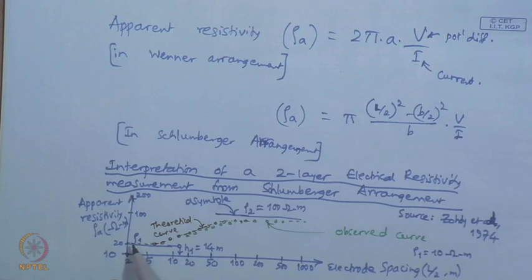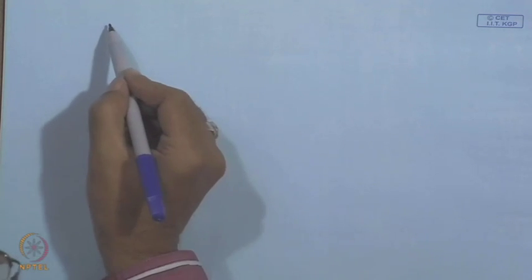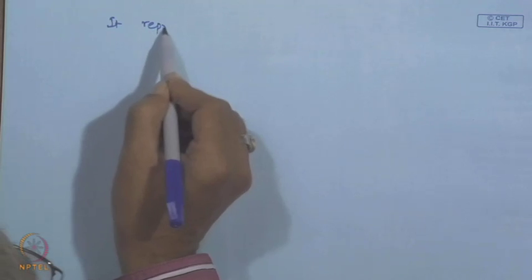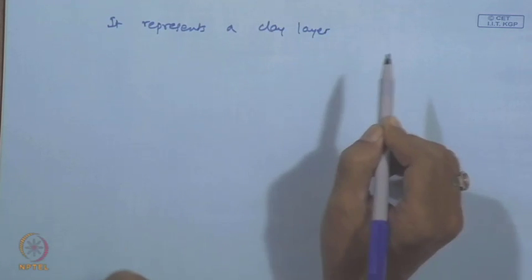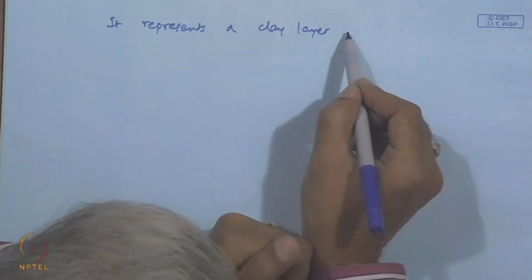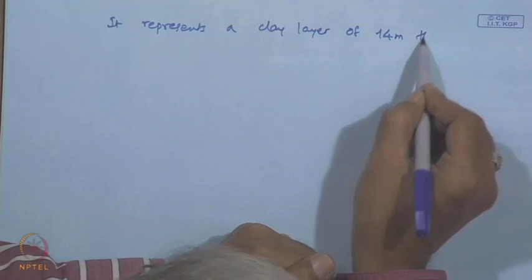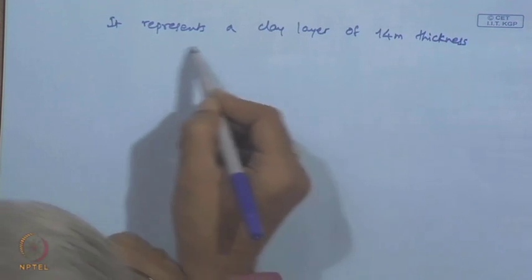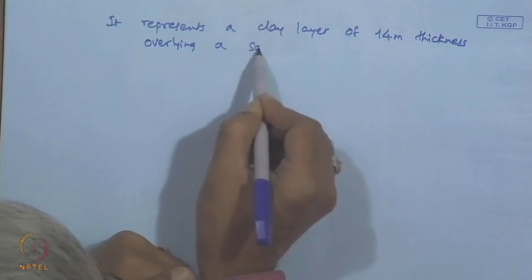It shows a lower asymptote of say 10 ohm meter and a higher asymptote of say 100 ohm meter, and essentially it represents a clay layer of 14 meter thickness overlying a sandy aquifer.